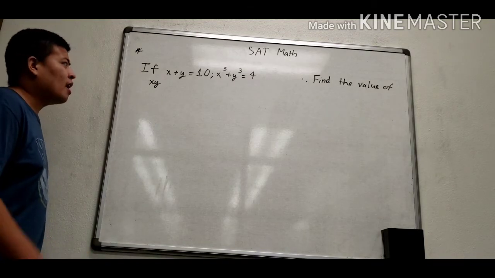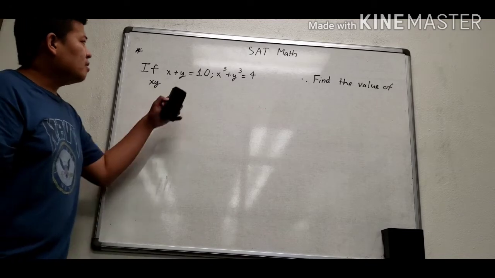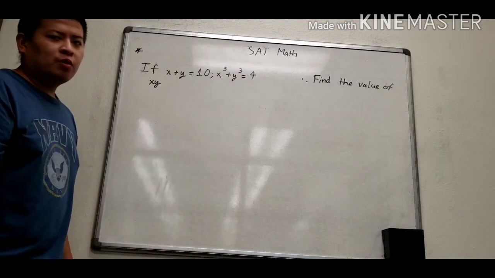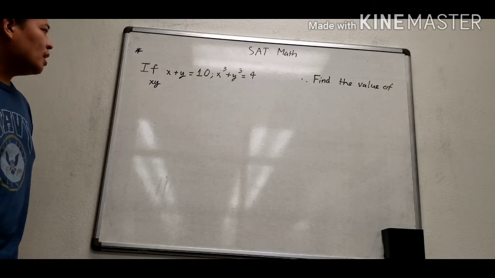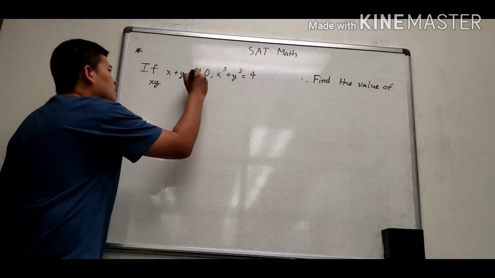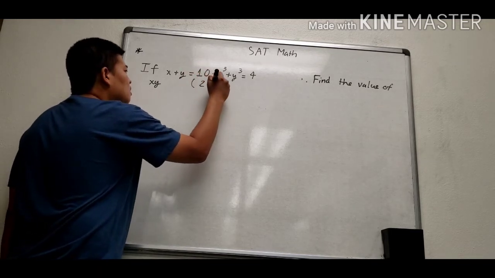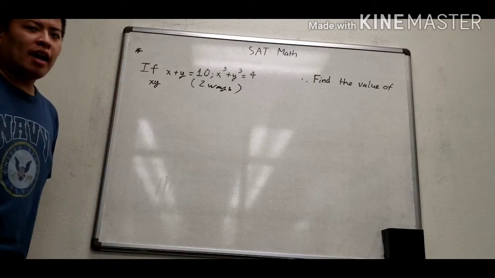So the next question, if x plus y equal to 10, x power 3 plus y power 3 equal to 4, find the value of xy. So in here we will have two ways. We have two ways to find the xy.